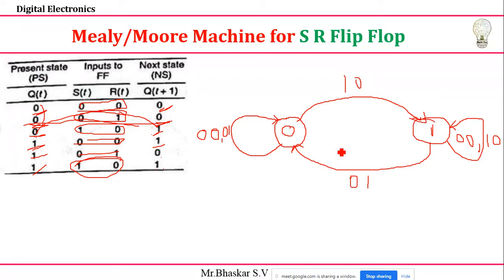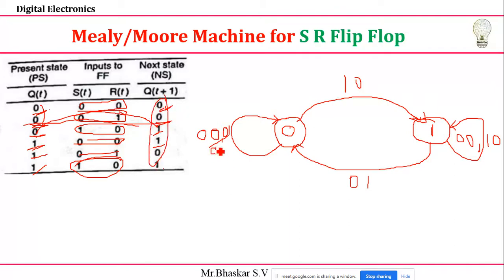But still I'm not defining my outputs. So how to define my outputs? Carefully see: in the first case, 0 to 0, the conditions are 0 0, and next to the state values only the outputs.